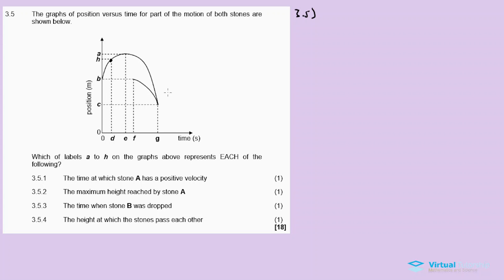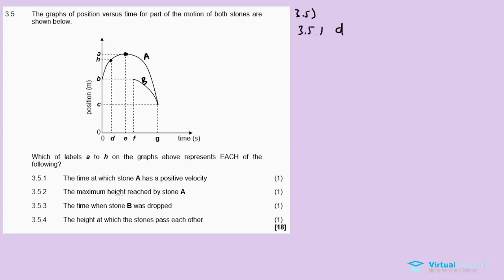Before ngiphendula la, the motion of both stones now low A, definitely stone A, and then low stone B. Uyabona bamdrophile again, right? So the time at which stone A has a positive velocity, it's definitely D la. 3.5.1 kuzoba D, since it's going up, and then ku E, as uyabona la ku E we have a maximum height. So I don't think lana it's a positive nor a negative velocity, but the positive velocity is sithola somewhere la ku D.